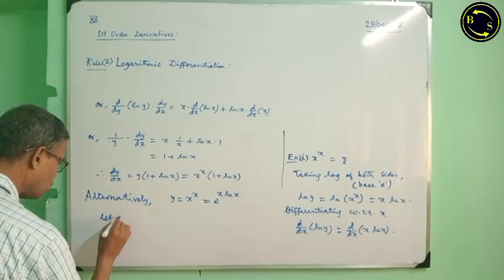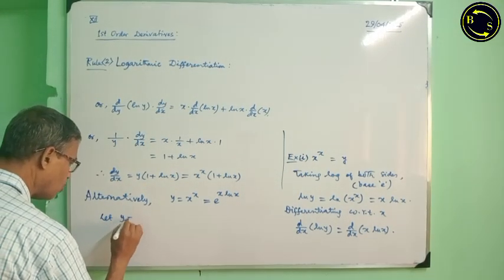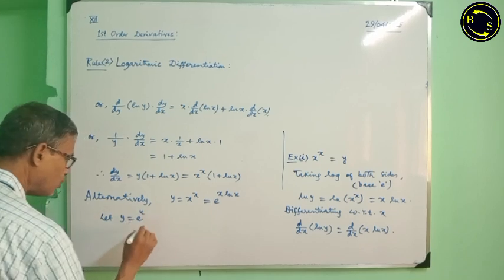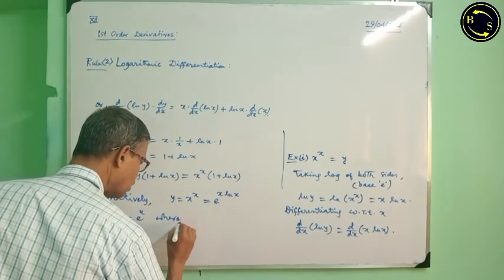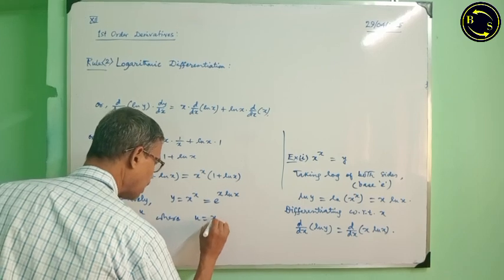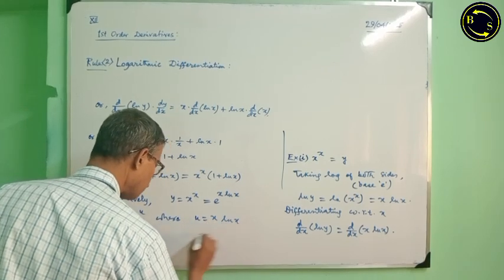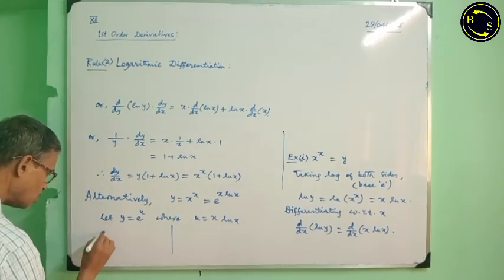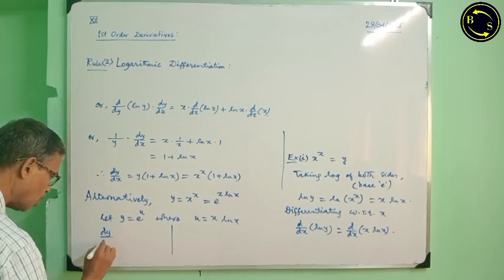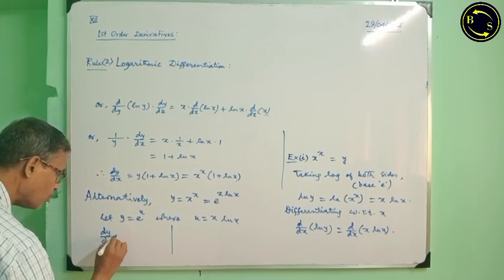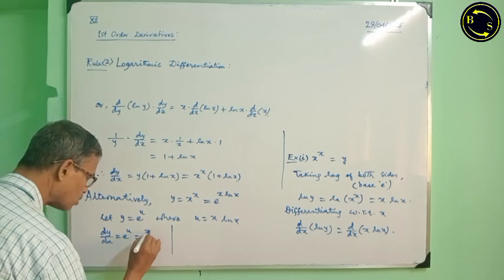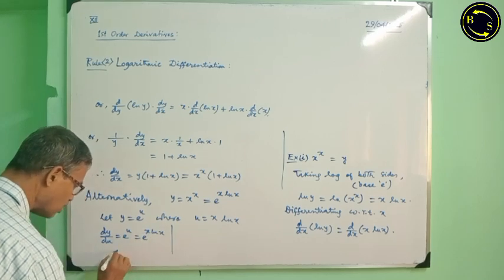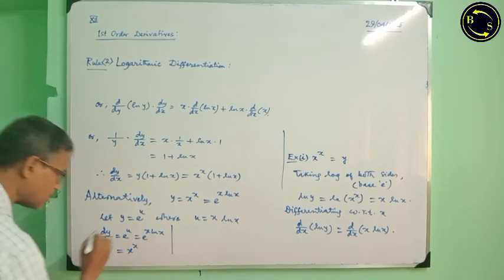Let y equal to e to the power u, where u equal to x log x. Then from this, dy/du, e to the power u means e to the power x log x, that is equal to x to the power x.